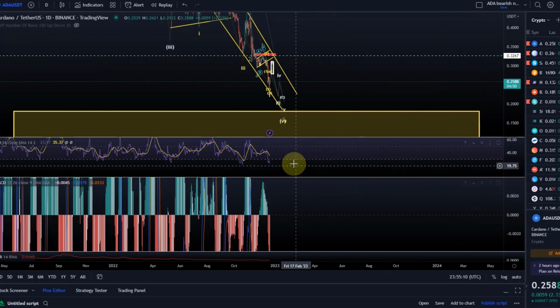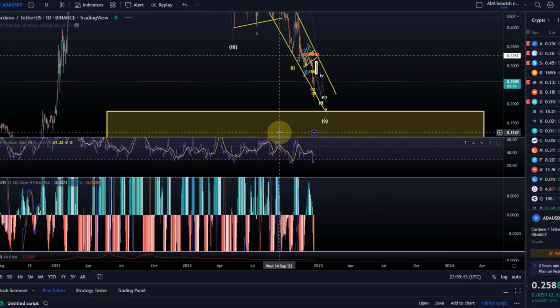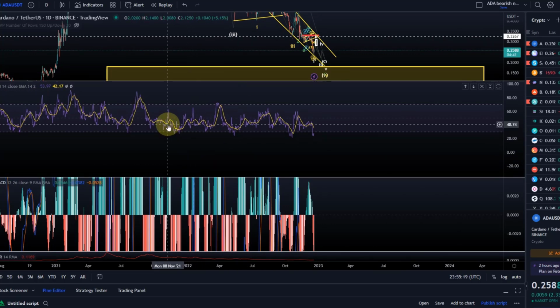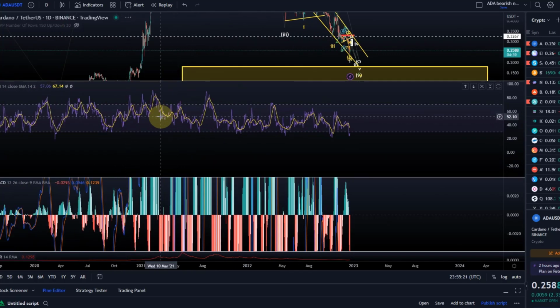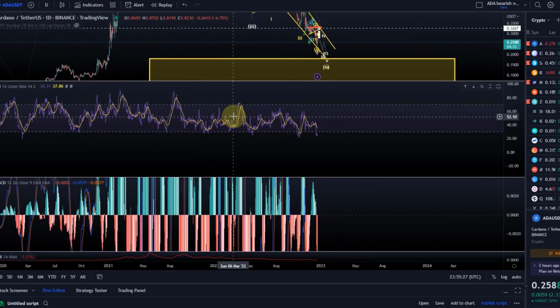But also on the daily we're now oversold. The thing is, you're oversold, but you don't really see any reaction here to the upside. What you can clearly see is that since September 21, we've been mainly in the lower half of the daily RSI.